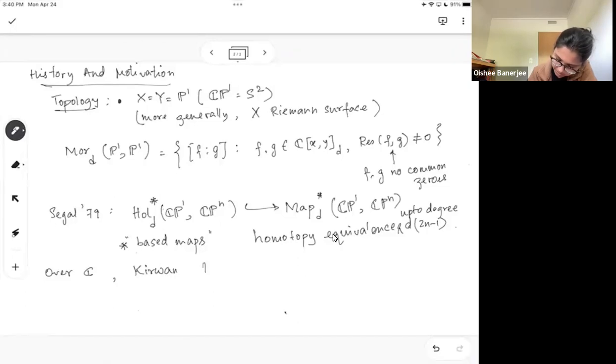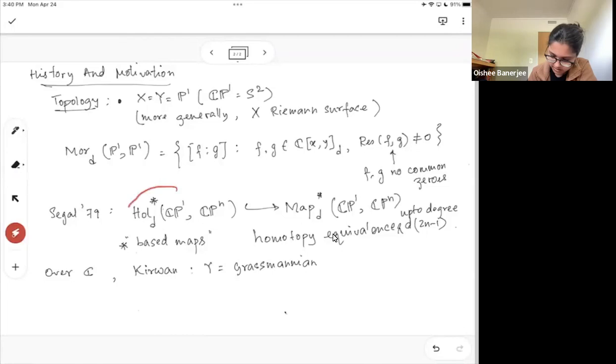So in the case of Y being a Grassmannian, she showed something like the space of holomorphic maps from CP1 to a Grassmannian is homotopy equivalent to the space of continuous maps up to a certain degree.